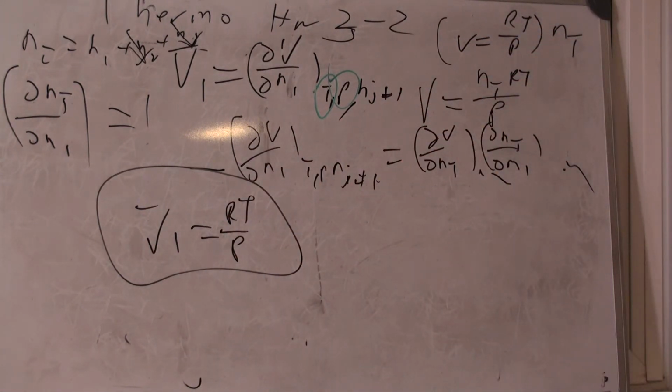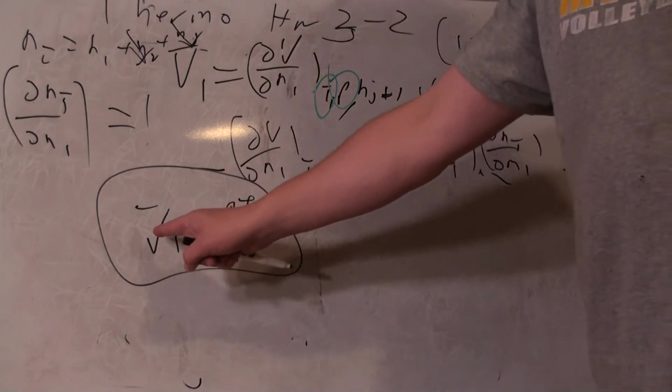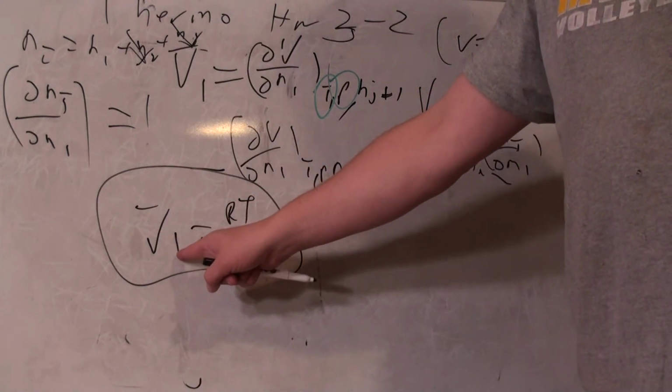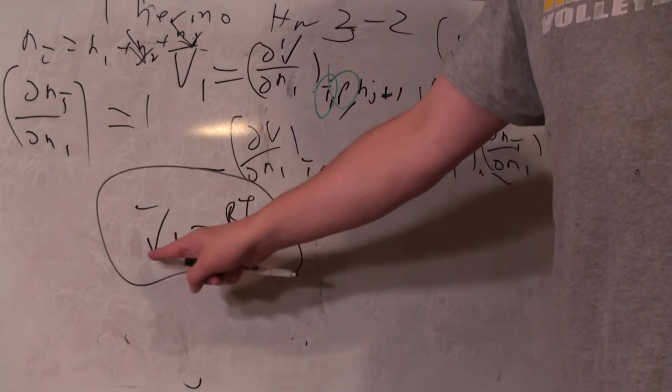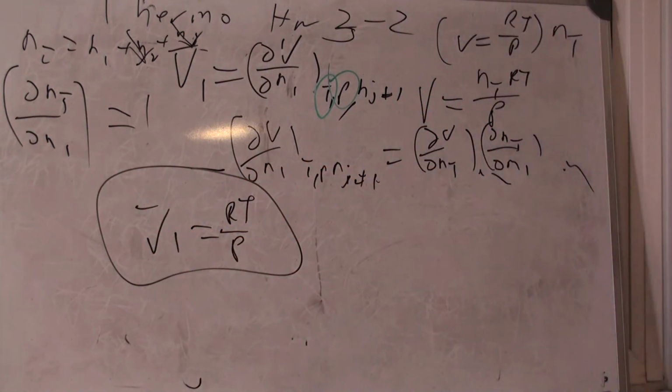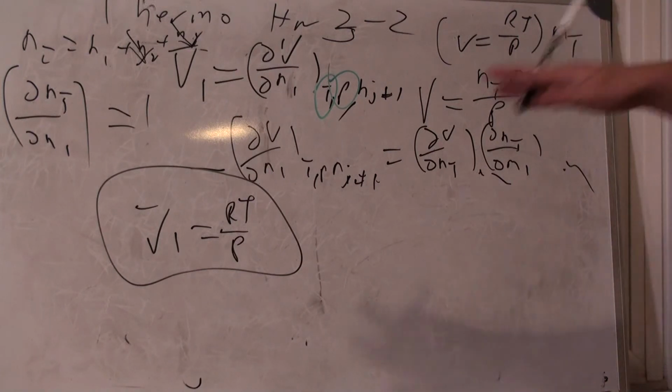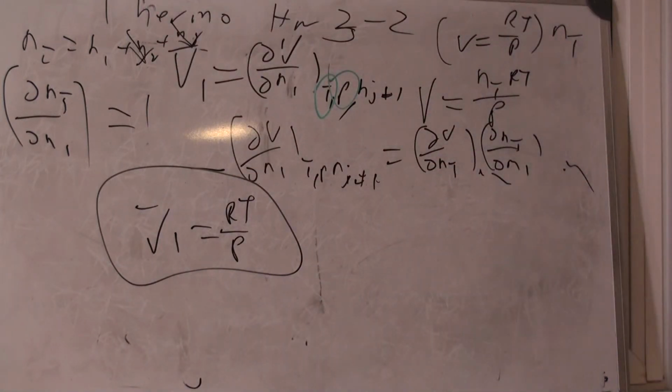So if I look at the words, how component 1 contributes to the total volume, well, if nothing sees anything else, ideal gases are the biggest megalomaniacs in the world.